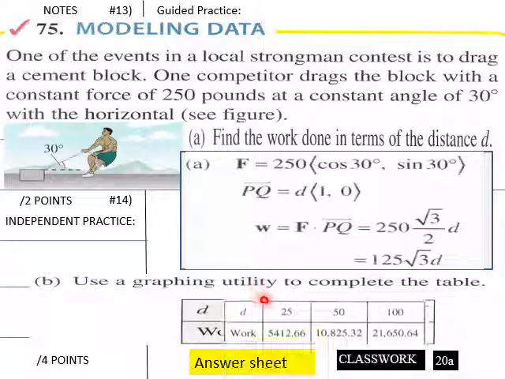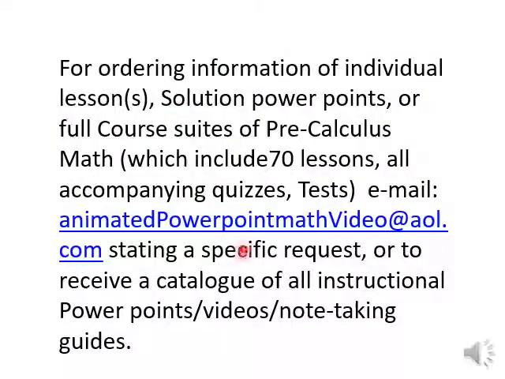When you plug that into your calculator, for a distance of 25 feet we get a work of 5412.66. Then for 50 feet it would be this much, and for 100 feet this many foot-pounds of work would be required.